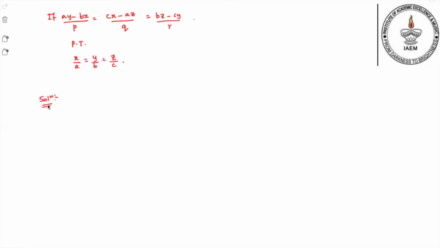Now the question is, x by a equals y by b equals z by c. (ay minus bx) by p equals (cx minus az) by q equals (bz minus cy) by r. This is given.